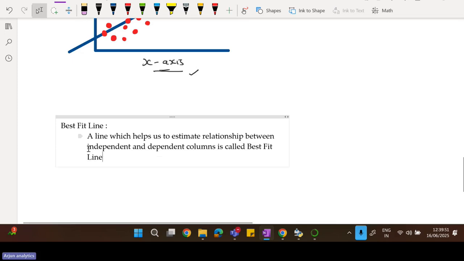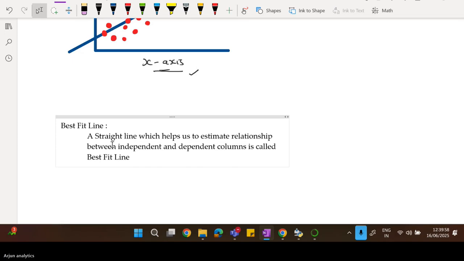This is not a normal line, it is a straight line which helps us to estimate the relationship between dependent and independent columns, and it is called the best fit line. Clear? Now this best fit line equation is y equals mx plus c.